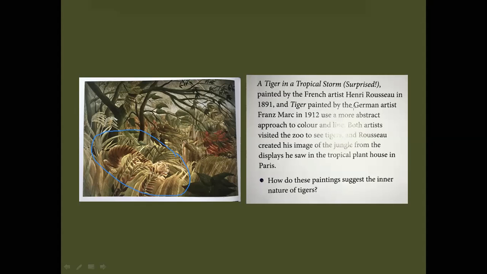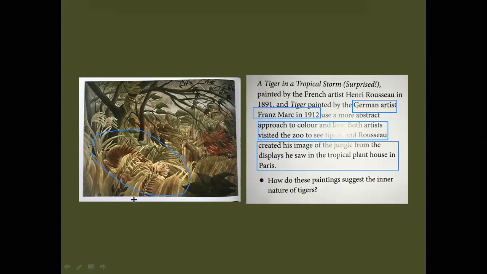The tiger painted by German artist Franz Marc in 1912 uses a more abstract approach to color and line. Both artists visited the zoo to see the tigers, and Rousseau created this image of the jungle from the displays he saw in a tropical plant house in Paris.